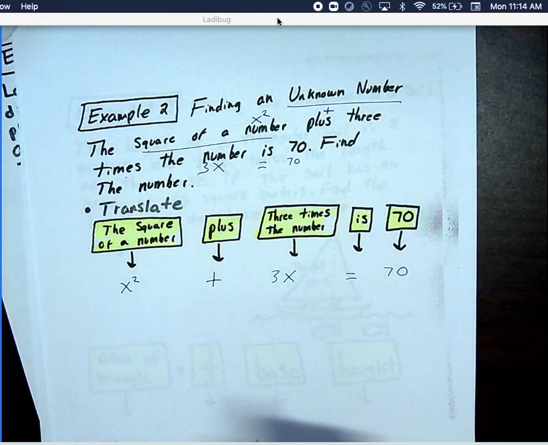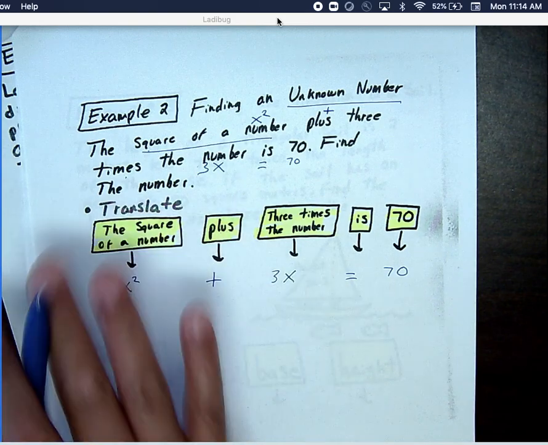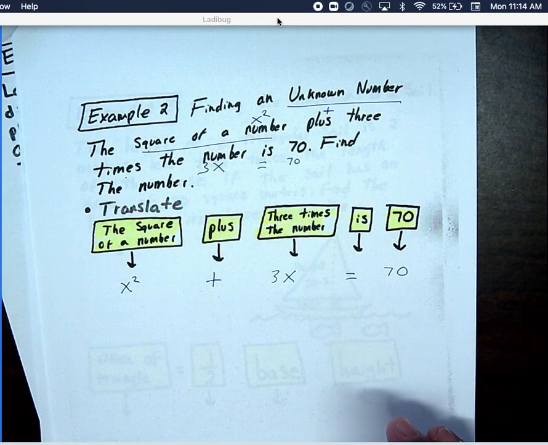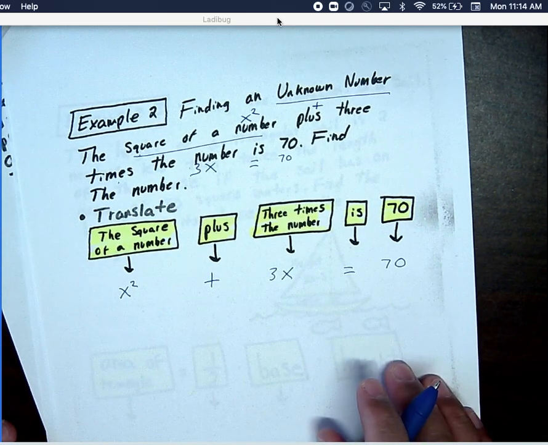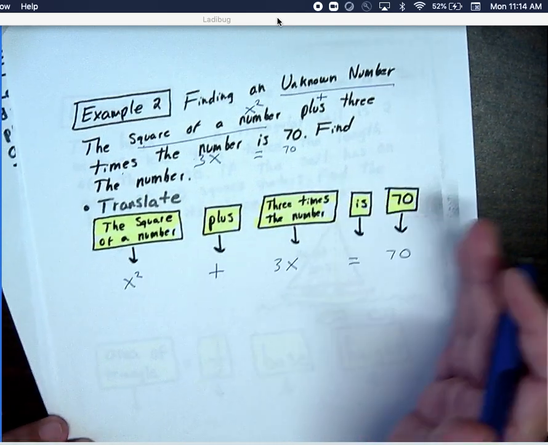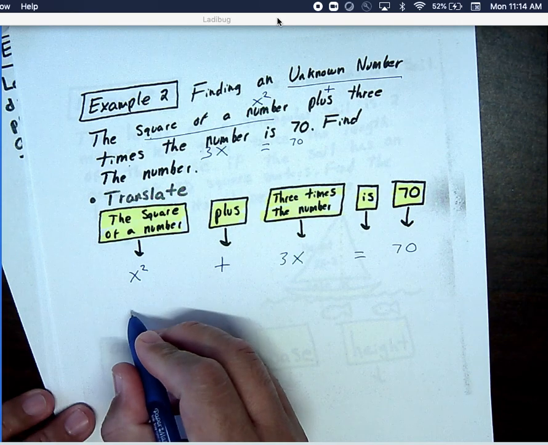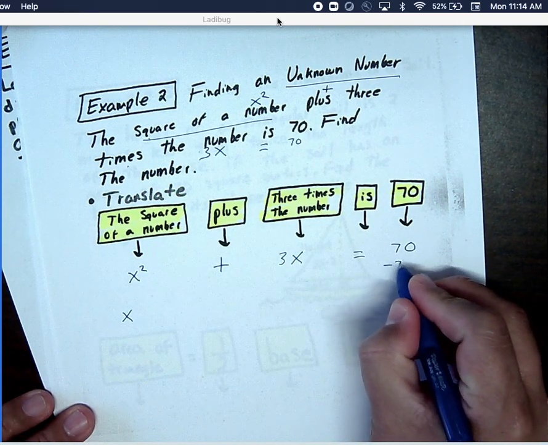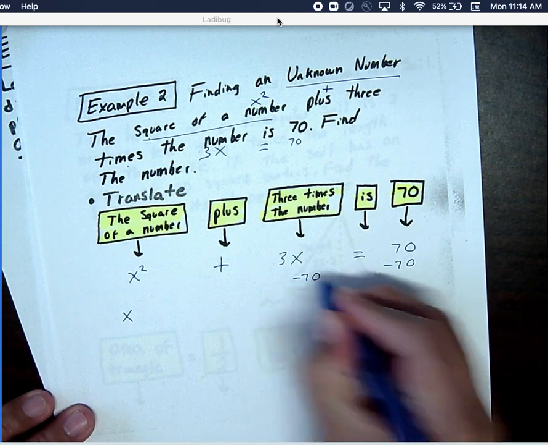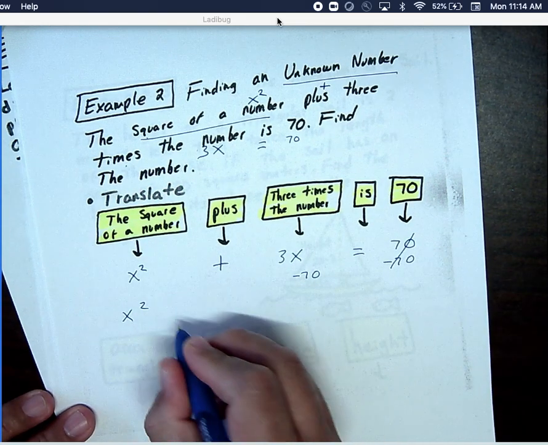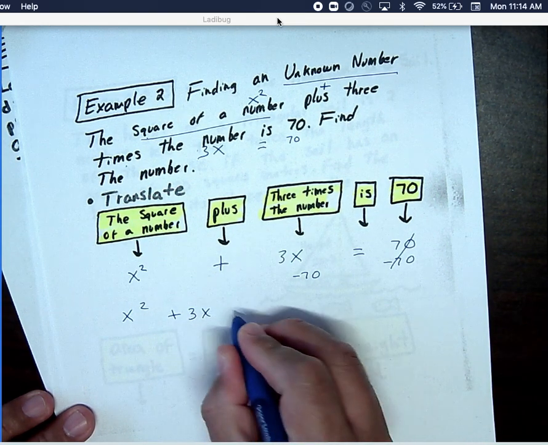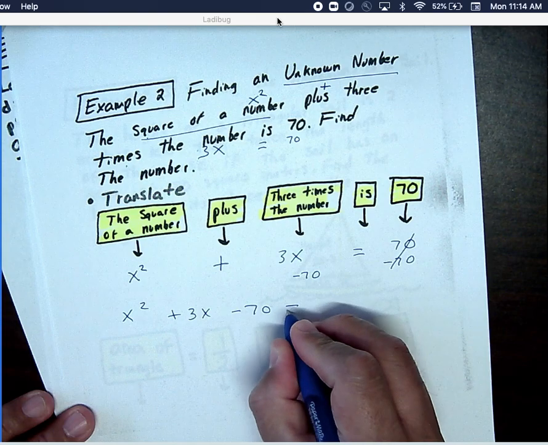Okay, so now once you set it up, now it becomes a matter of solving the quadratic equation. So everything, remember the steps, everything needs to be on one side. So I'm going to bring the 70 to this side. So x squared plus 3x minus 70 equals 0.